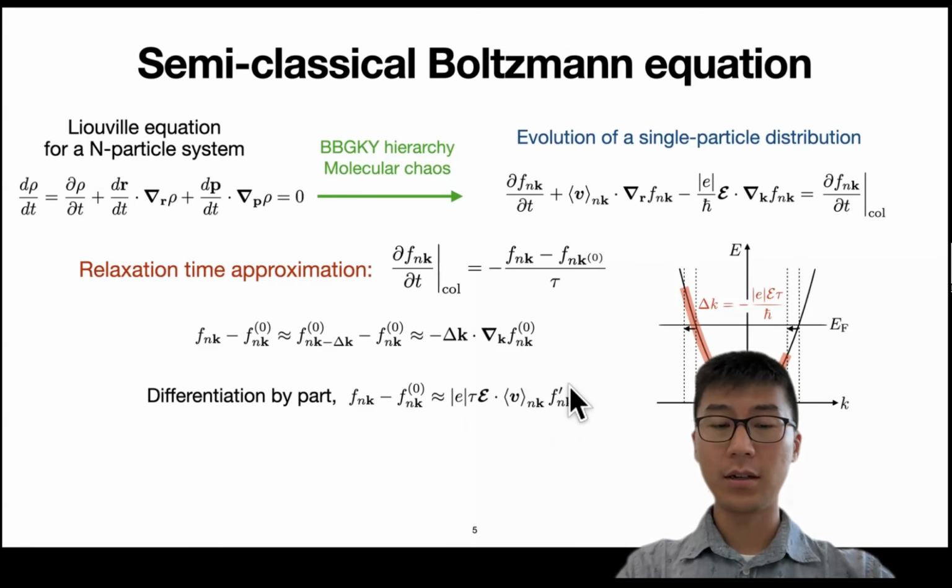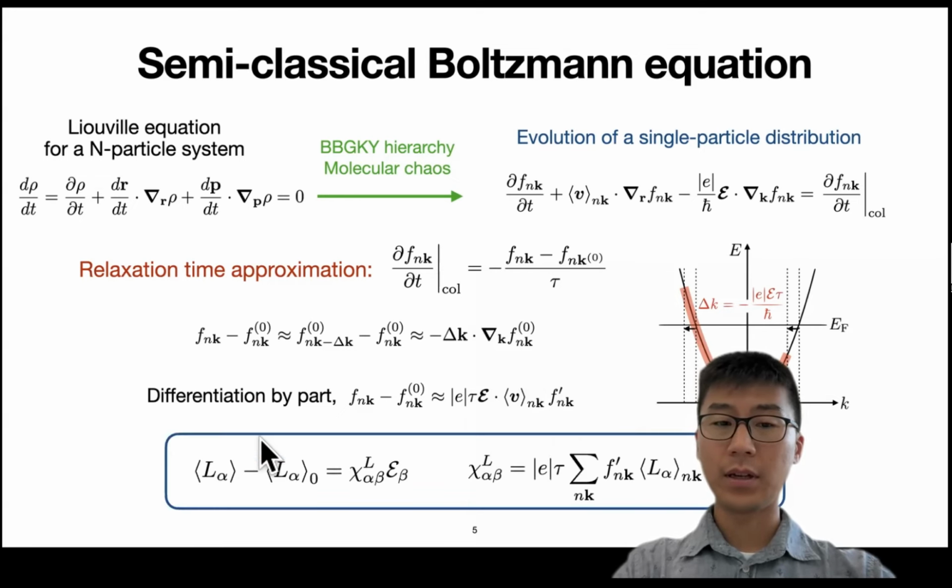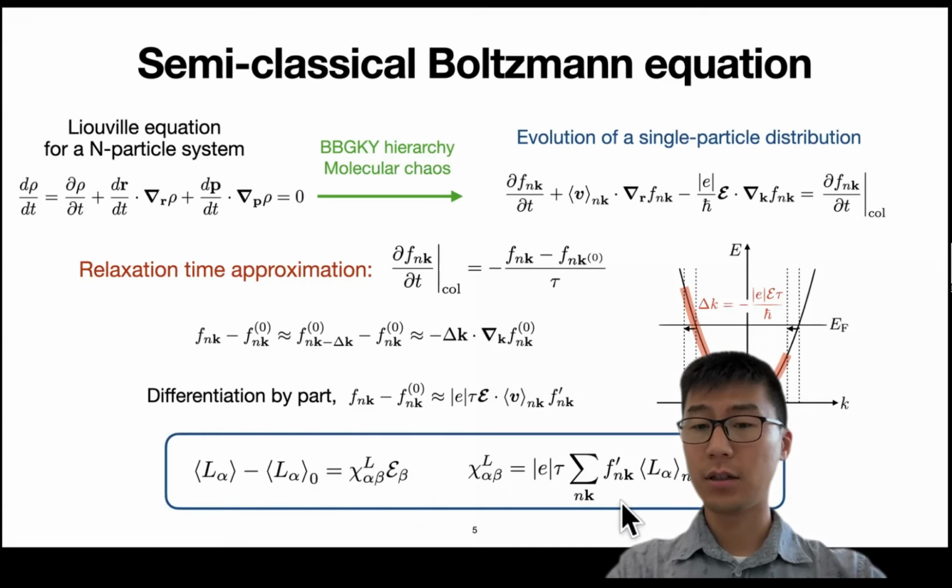With this, we can finally get the induced orbital angular momentum by the electric field. The susceptibility or response function can be written as the correlation function between the orbital angular momentum expectation value and the velocity expectation value for each band, multiplied by the energy derivative of the Fermi-Dirac distribution function at the Fermi surface.